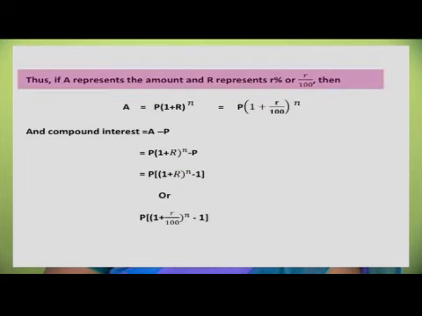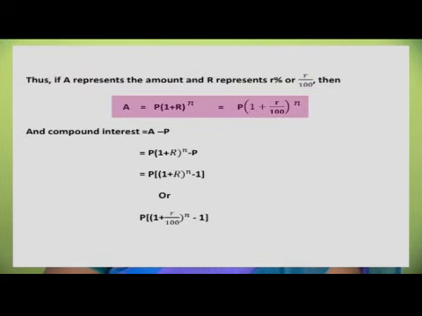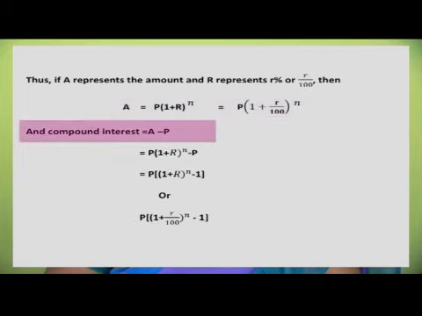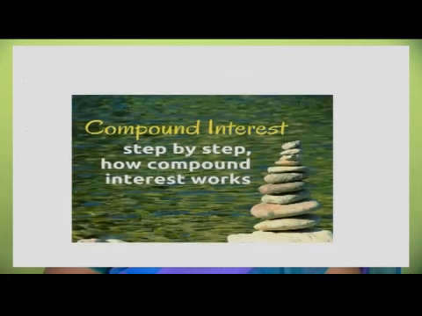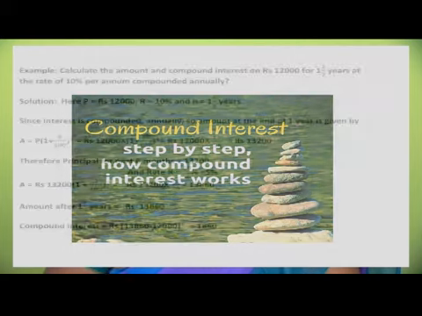Thus, if A represents the amount and R represents r percentage or r by 100, then A is equal to P into 1 plus R the whole power n, and the compound interest may be calculated as amount minus principal. So, we have simple interest and compound interest are equal for the first year alone. Let us move on to the example to calculate the compound interest.